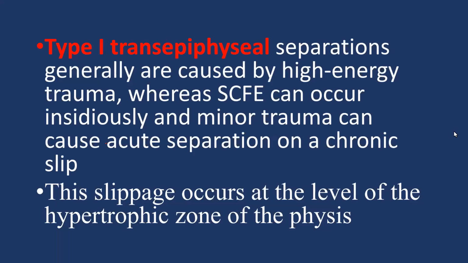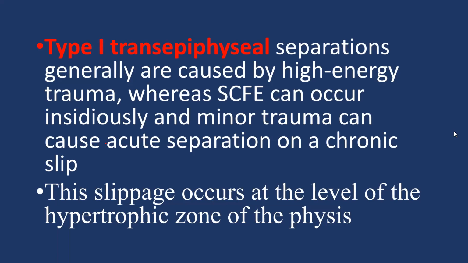So in slipped capital epiphysis, it is the zone of hypertrophy, nearly at the junction with the zone of provisional calcification, that the epiphysis separates. You have a type 1 trans-epiphyseal separation.